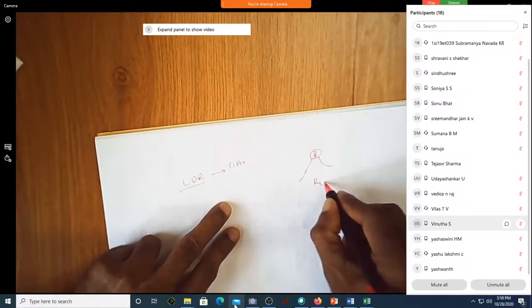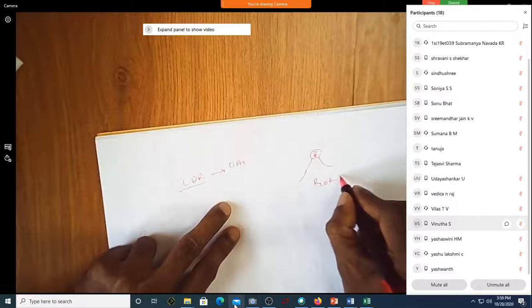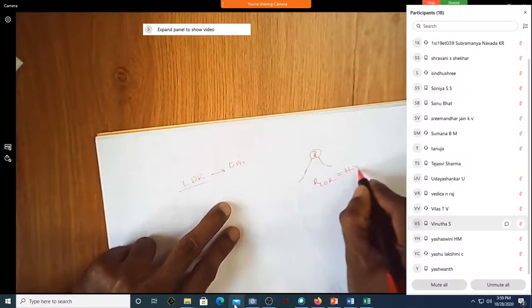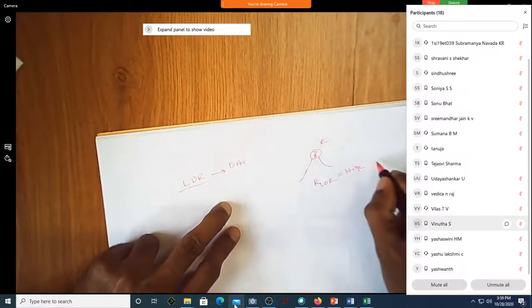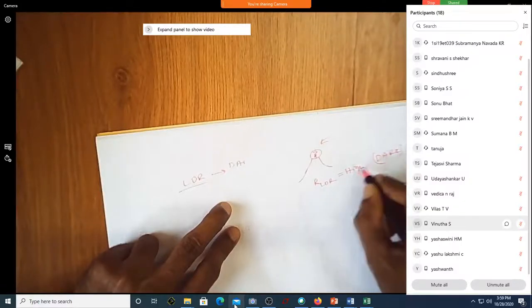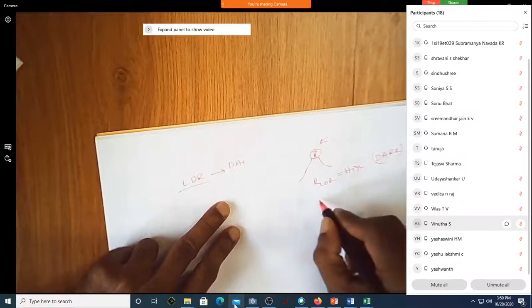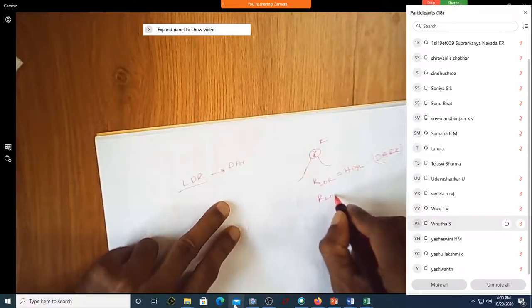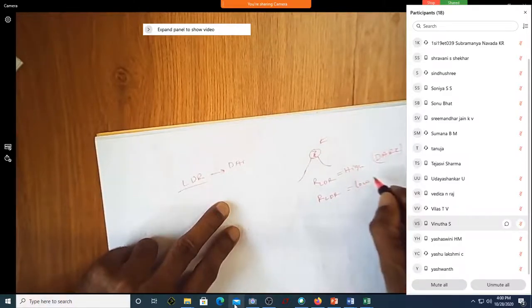RLDR is high if the light falling on it is dark. If it is dark, it is high resistance. RLDR is low if it is bright.